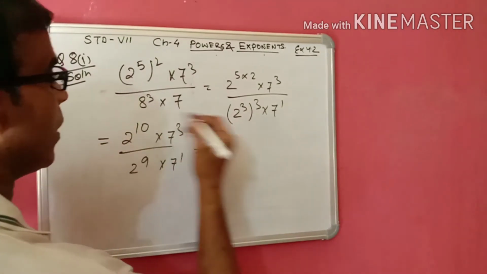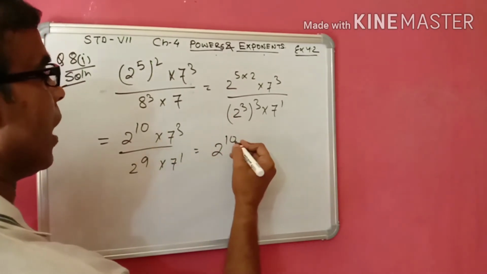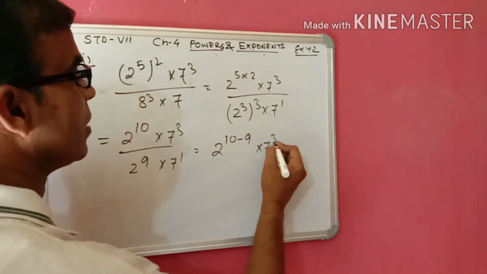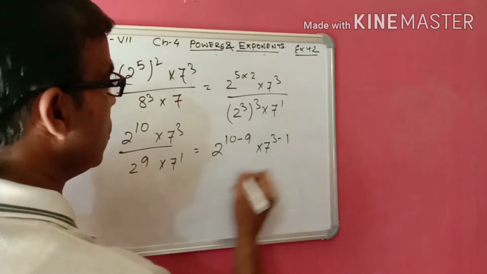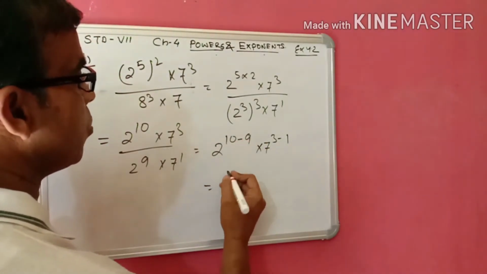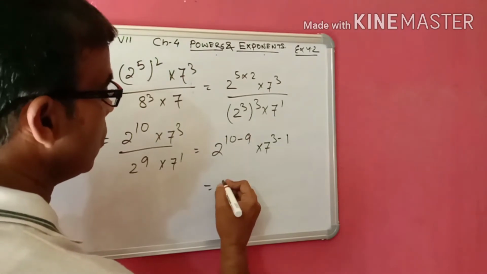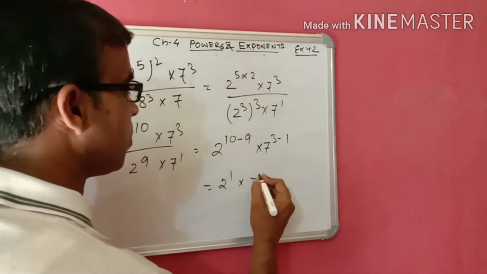Now same, 2 to the power 10 divided by 2 to the power 9, it will be minus only, into 7 to the power 3 minus 1 only. So 10 minus 9 is 1. So 2 to the power 1 into 7 to the power 3 minus 1 is 7 to the power 2.